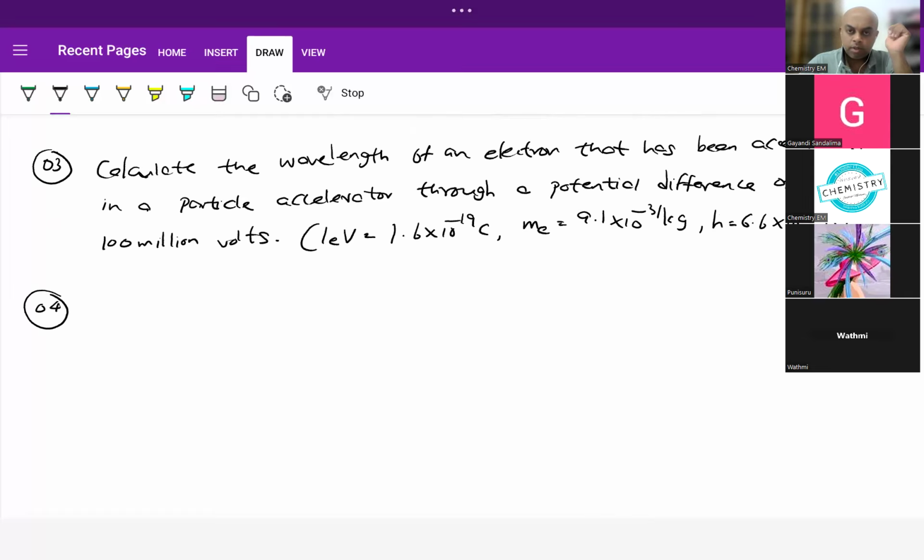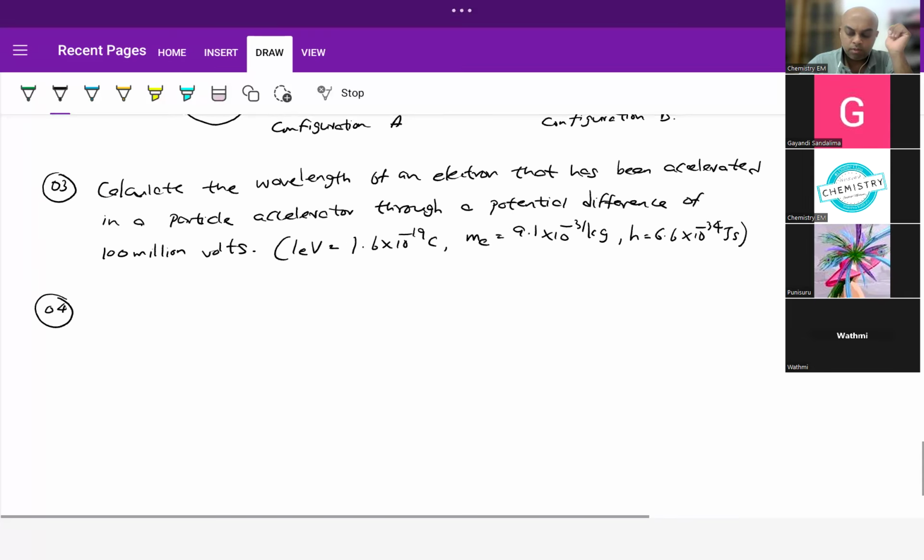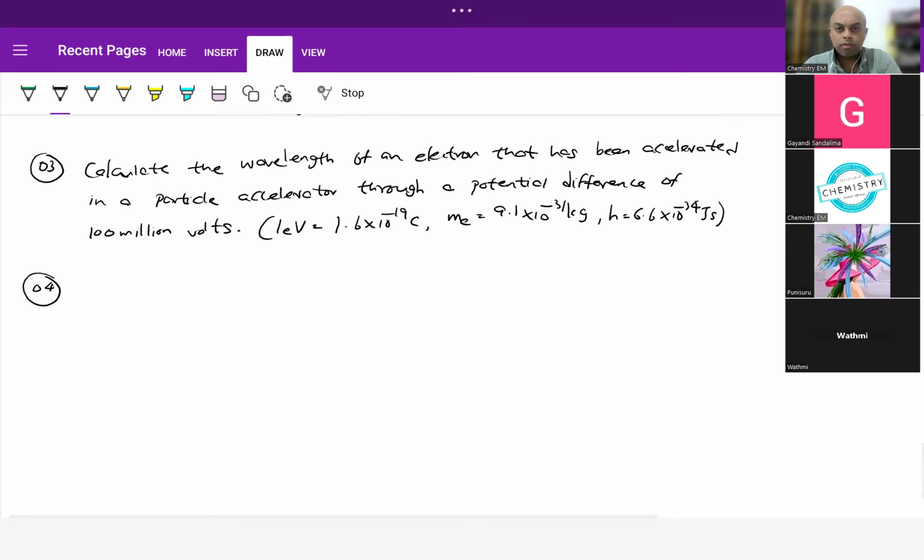I think you can see the screen, the question. Yes, nothing is hidden here. So you can write this question in your books and start answering.